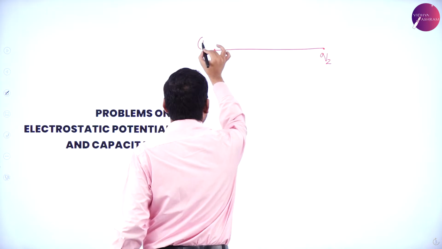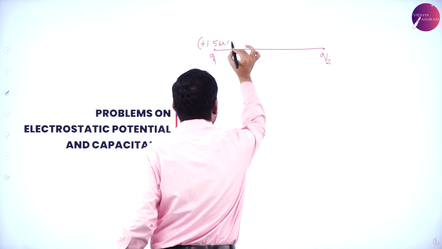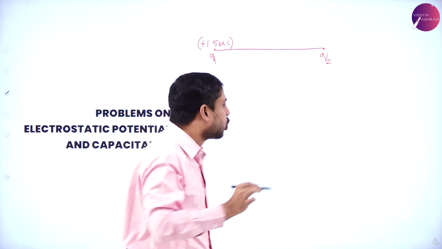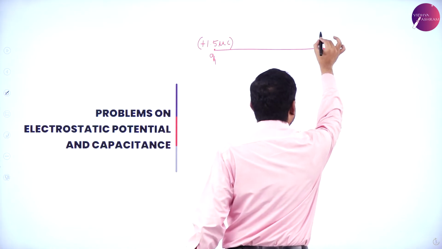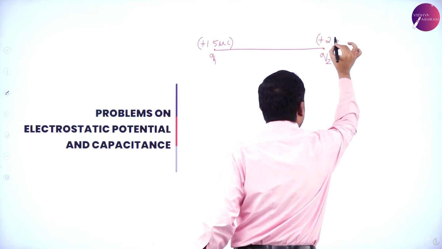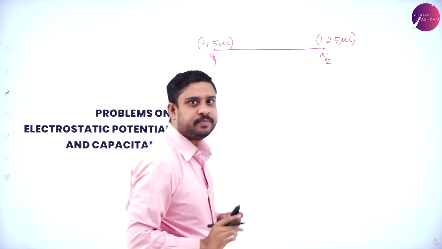So this is plus 1.5 microcoulomb. Q2 is given to be plus 2.5 microcoulomb.